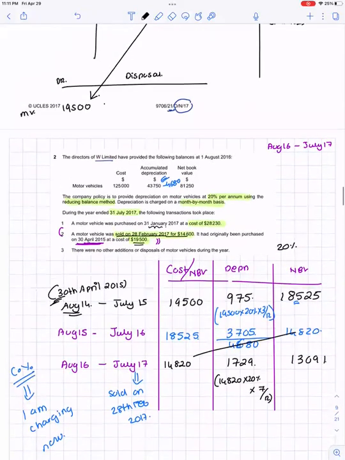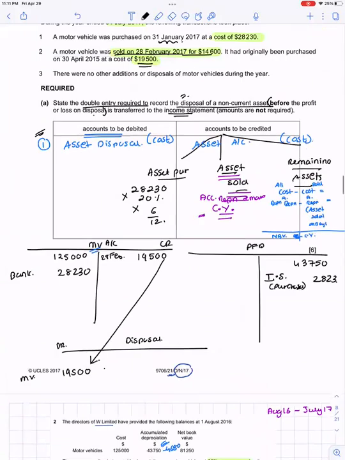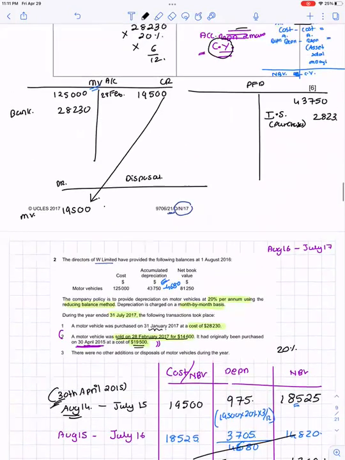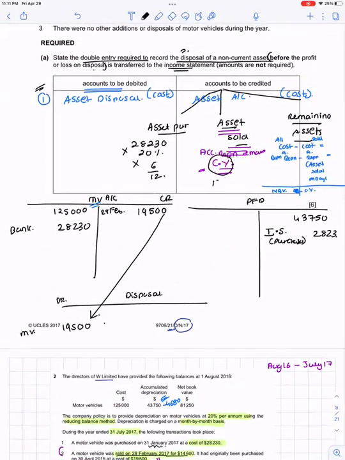So depreciation of the asset sold for the current year is how much? 1729. Are you with me? So this is the income statement, the depreciation for the asset sold, 1729.